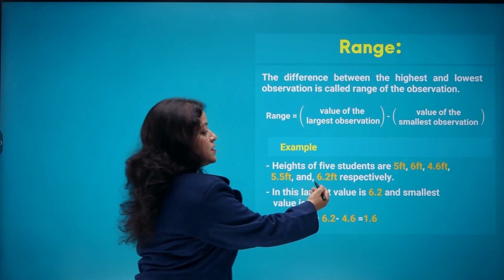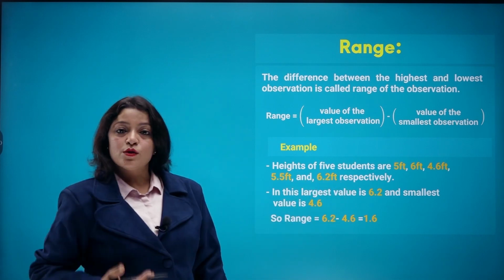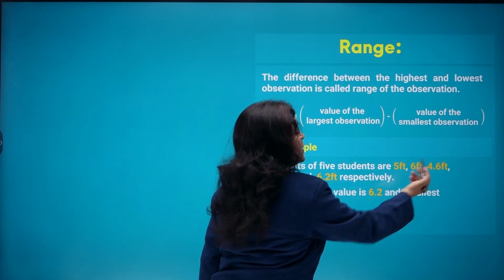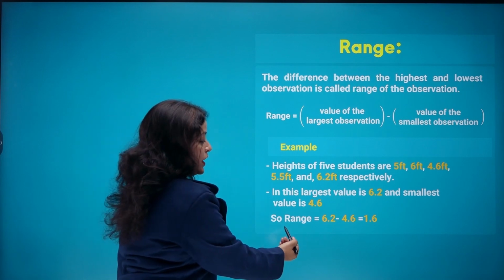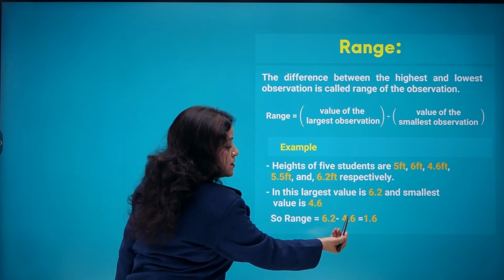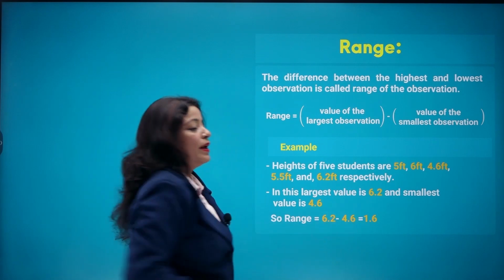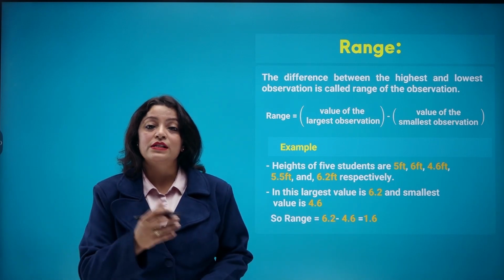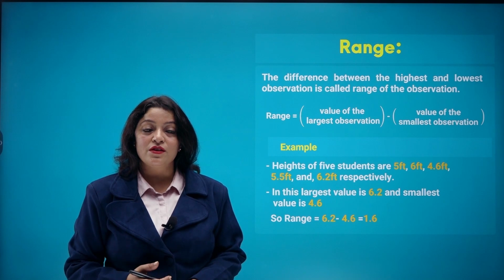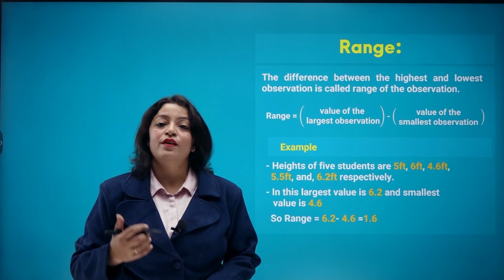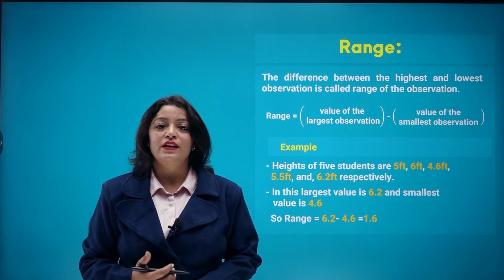The largest is 6.2 feet and the smallest is 4.6 feet. So range is the highest observation minus the lowest observation, and when you subtract, you get 1.6. So what is the range for this set of observations? It is 1.6 feet. We have to write the unit as well.